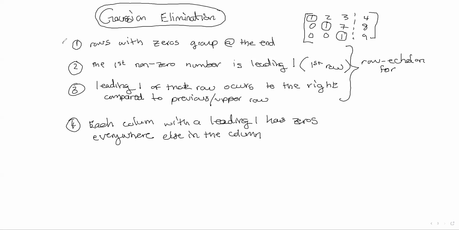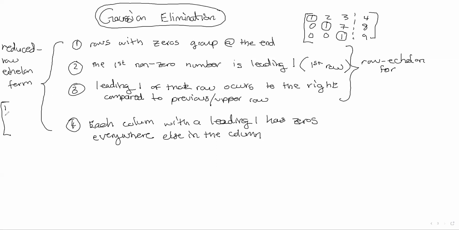Once we go a step further, we're gonna call it reduced row echelon form. That's something like this.